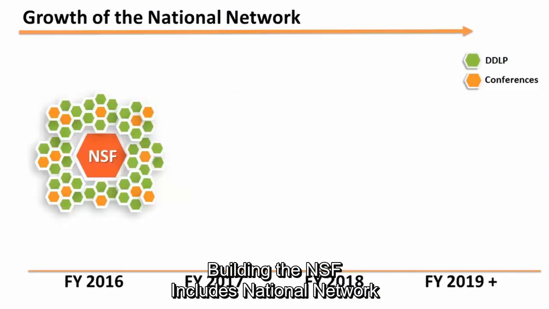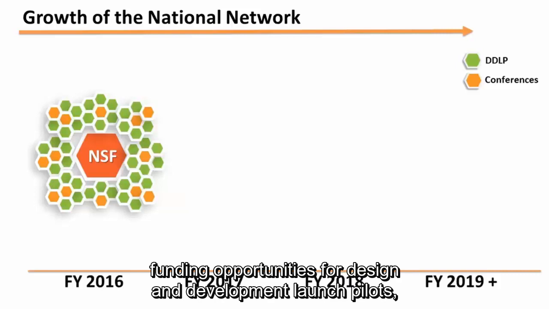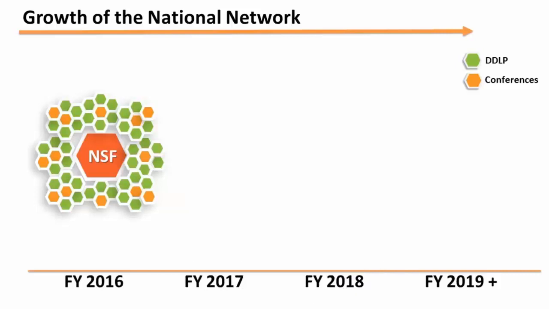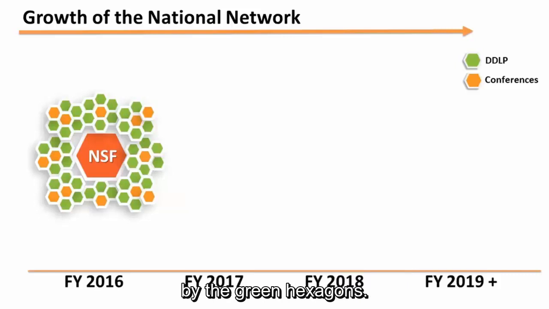Building the NSF Includes National Network began in fiscal year 2016 with NSF funding opportunities for design and development launch pilots, or DDLPs, which are represented in this figure by the green hexagons.